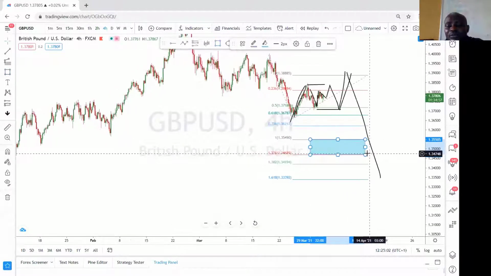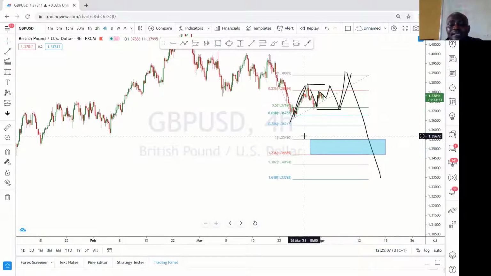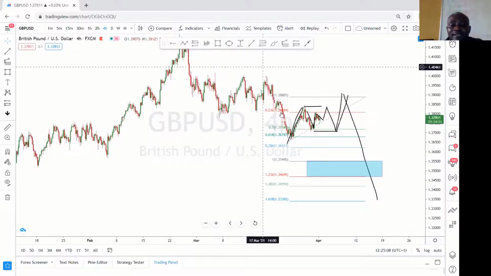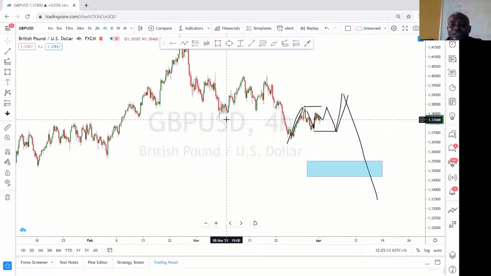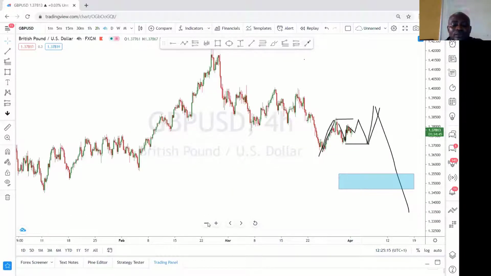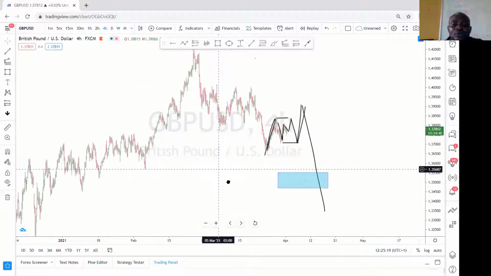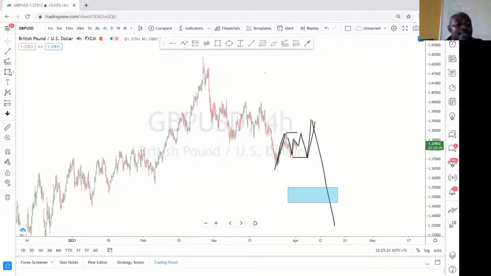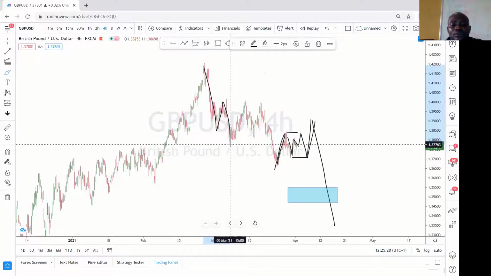This is where we are expecting GBP USD to turn by this first method. Let's look at the second method. The second method is that you are not going to consider the last swing. You are going to take this swing as a whole because you understand that this is a 3-wave structure to the upside.